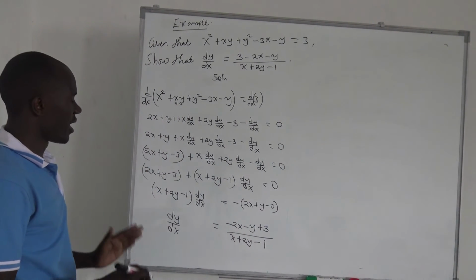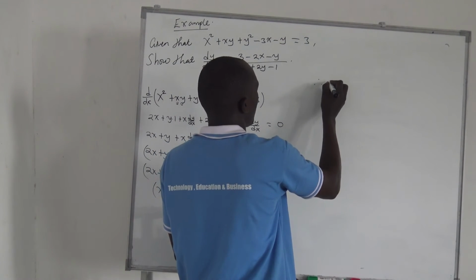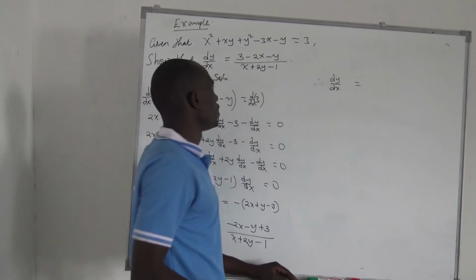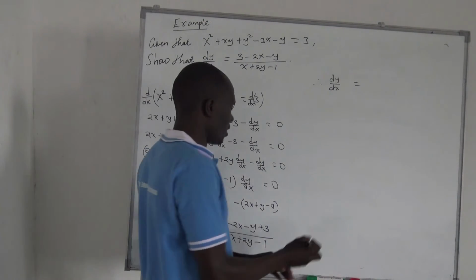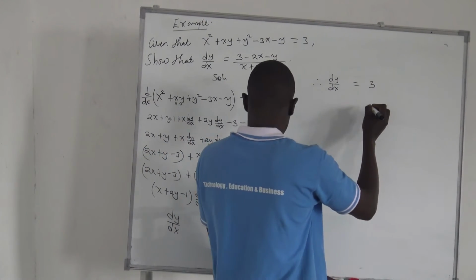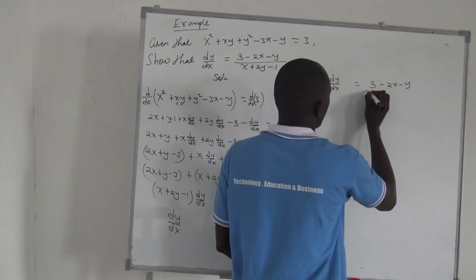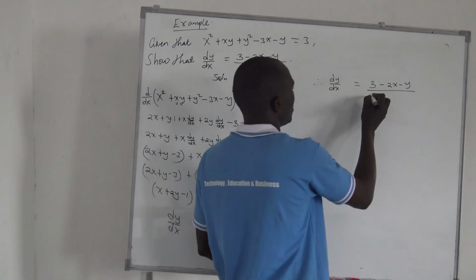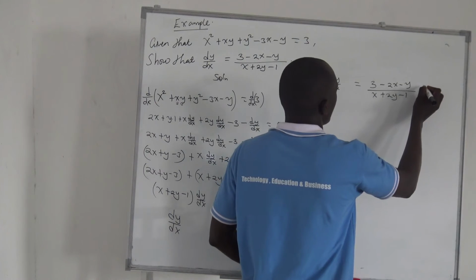Now, can we rearrange in the way they have told us? Therefore dy/dx equals, we arrange it so the positive one comes first, (3 minus 2x minus y) all over (x plus 2y minus 1).